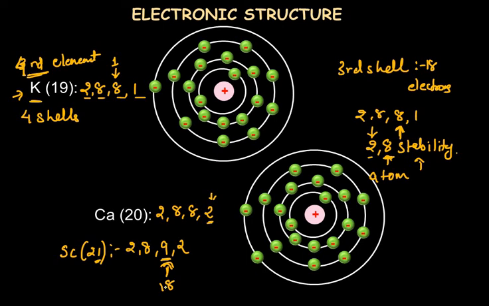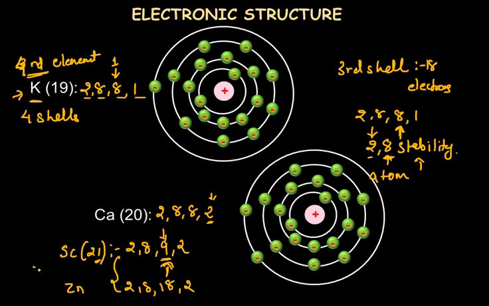And now these elements, from the electronic structure of 2, 8, 9, 2 to 2, 8, 18, 2, the last one is zinc.